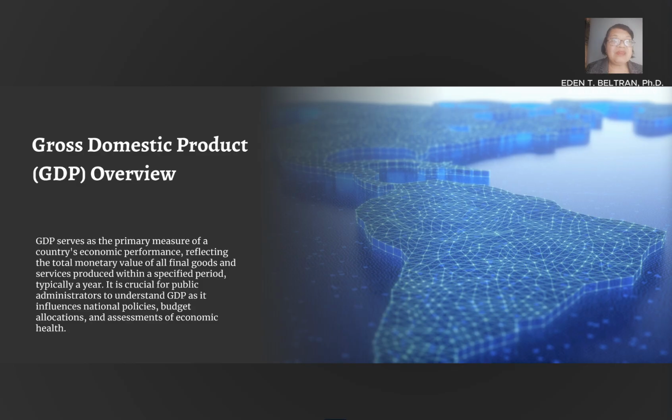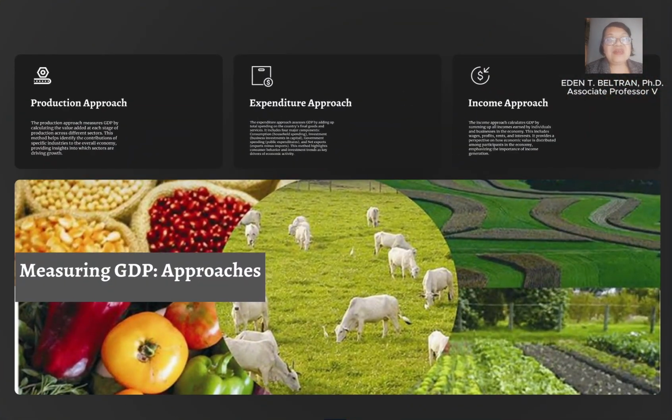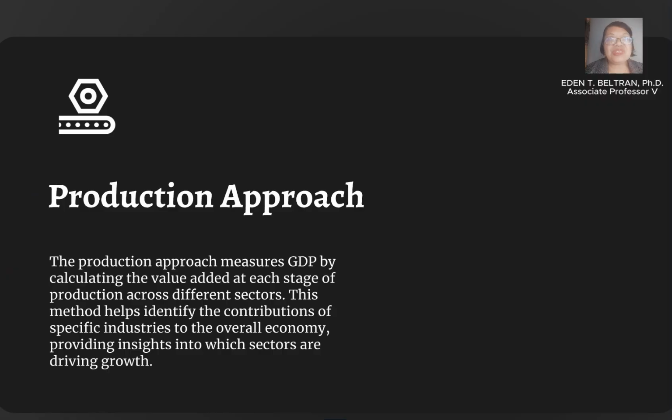So remember the keyword, produced within the economy, within the country. So there are 3 ways to measure GDP. What are the 3 ways? First is the production approach. Second is the expenditure approach. And third is the income approach.